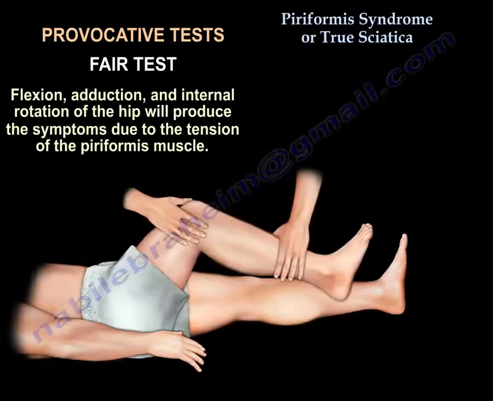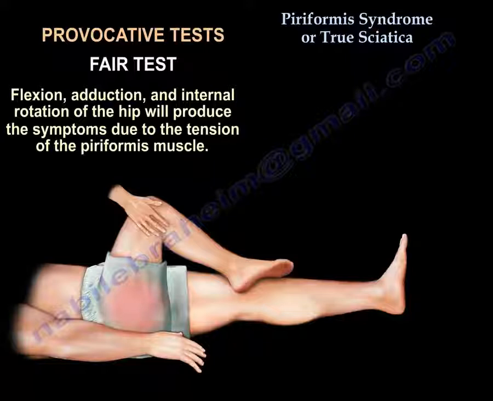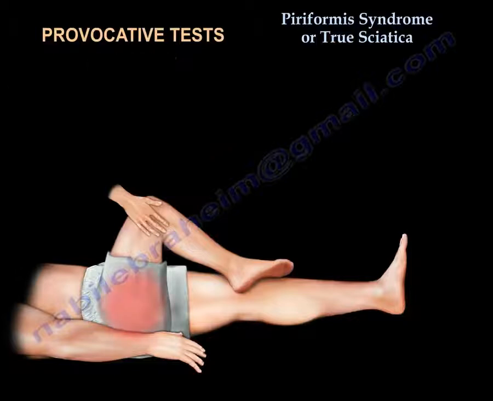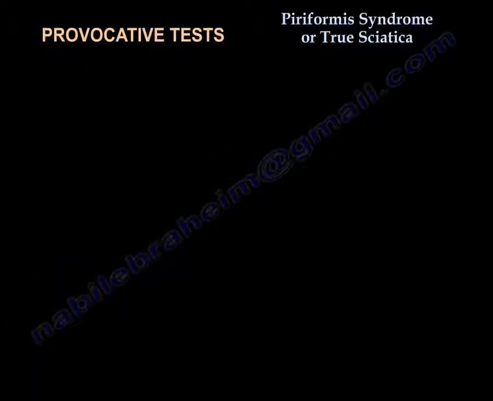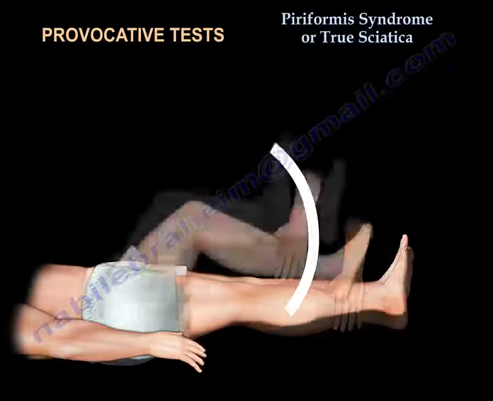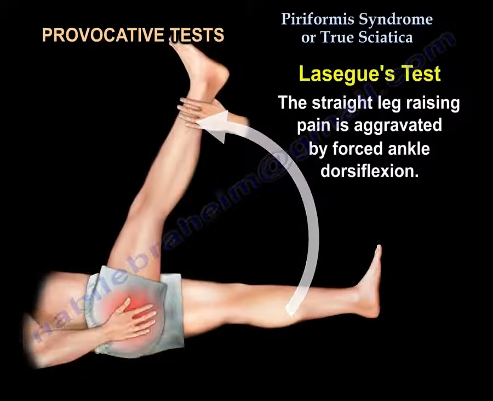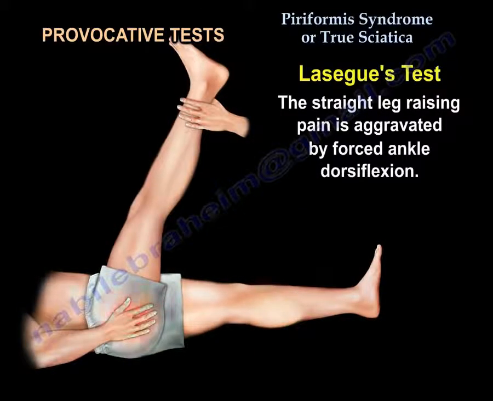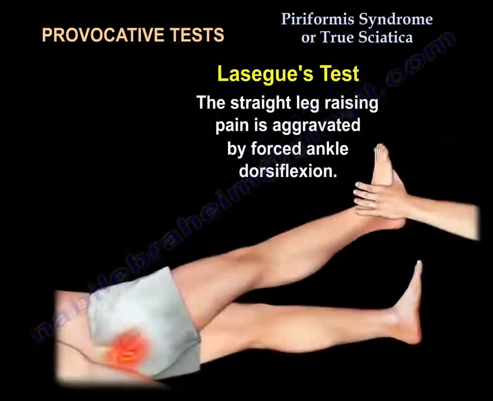Flexion, adduction, and internal rotation of the hip will produce the symptoms due to tension of the piriformis muscle. Or the Lasègue test, in which the straight leg raising pain is aggravated by forced ankle dorsiflexion.